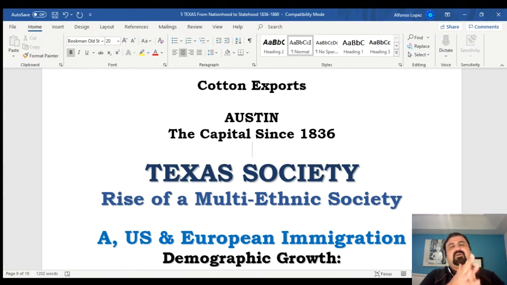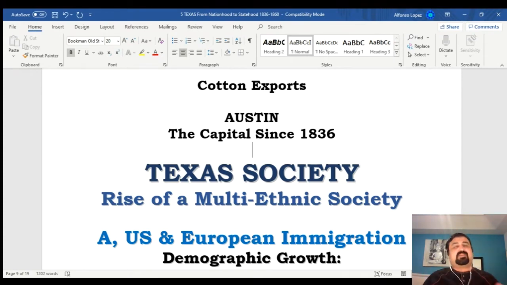Okay. I mentioned that the city of Austin is also going to be emerging during this time. It's a city that Vice President Lamar wanted to be the capital of Texas, in order to diminish perhaps the influence of Sam Houston, who lived in the city of Houston.